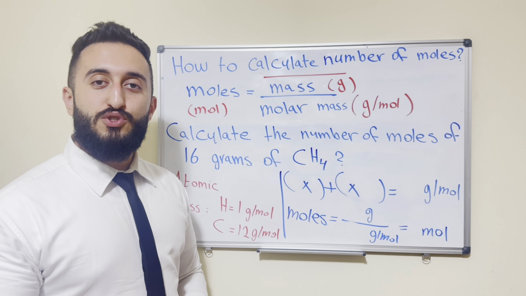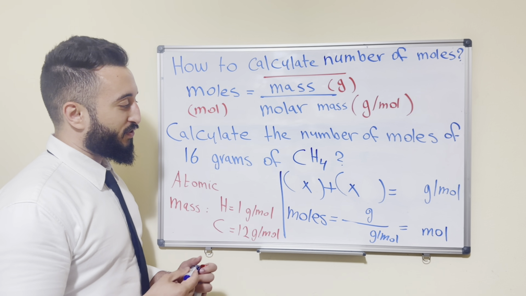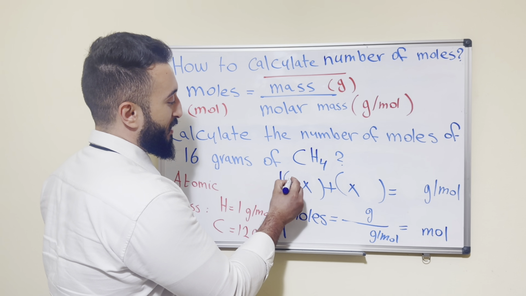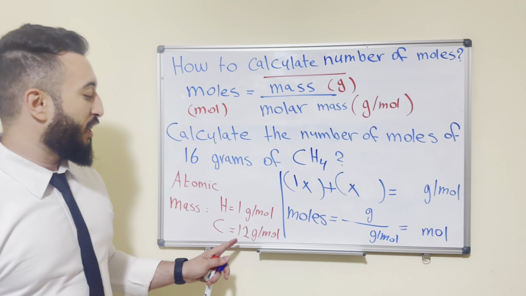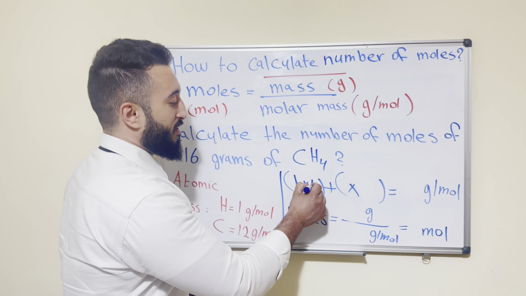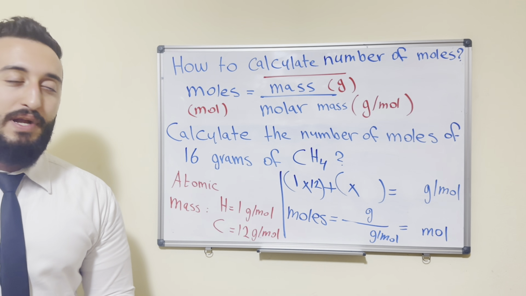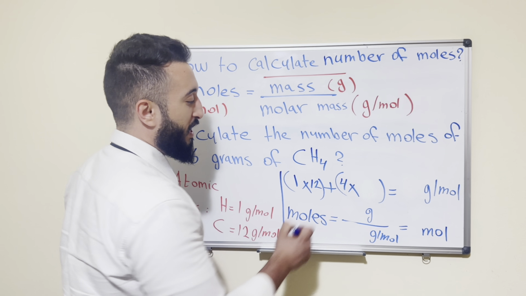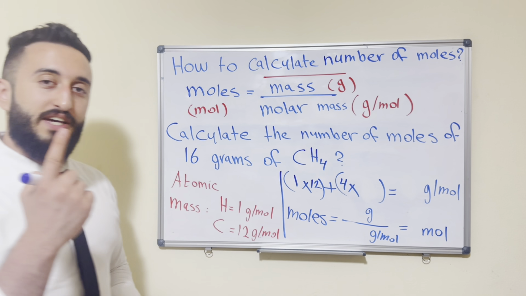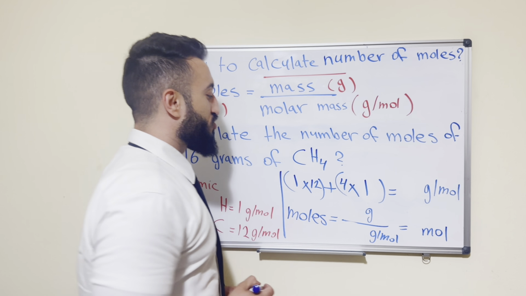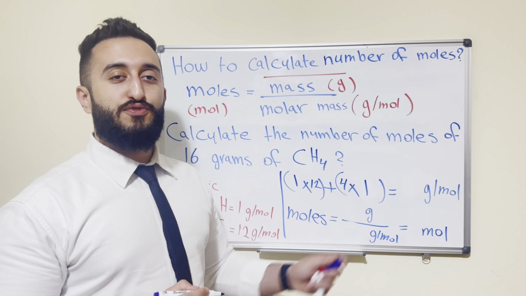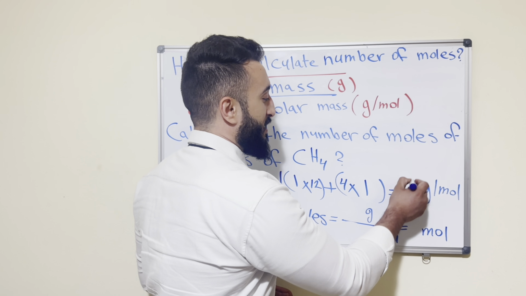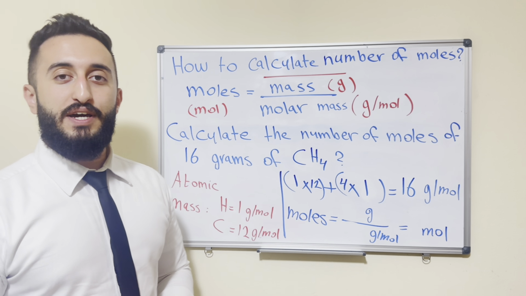How many carbons? We have 1, so the number of carbons is 1. What about the mass of carbon? It is 12. Plus, how many hydrogens do we have? We have 4. The mass of one hydrogen is 1. So 12 plus 4 equals 16 grams per mole.